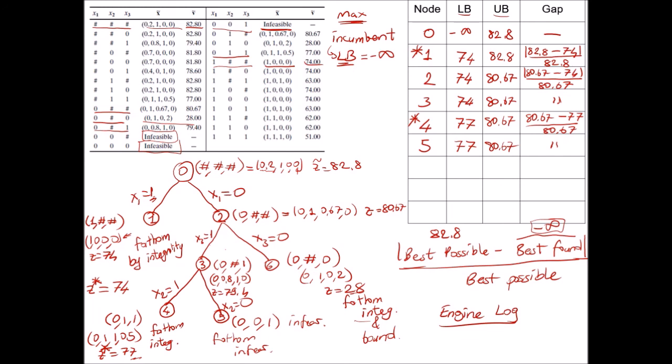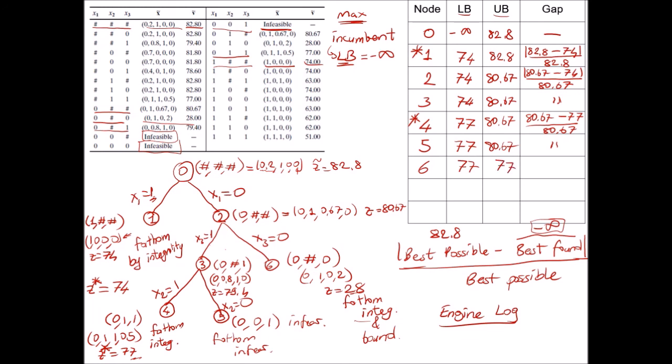Okay, so let me record node number 6 here. The lower bound is still 77, the best integer solution. Now, what about the upper bound? Upper bound is found by the parent of the open nodes. And since there are no open nodes, it means that your upper bound is equal to your lower bound.